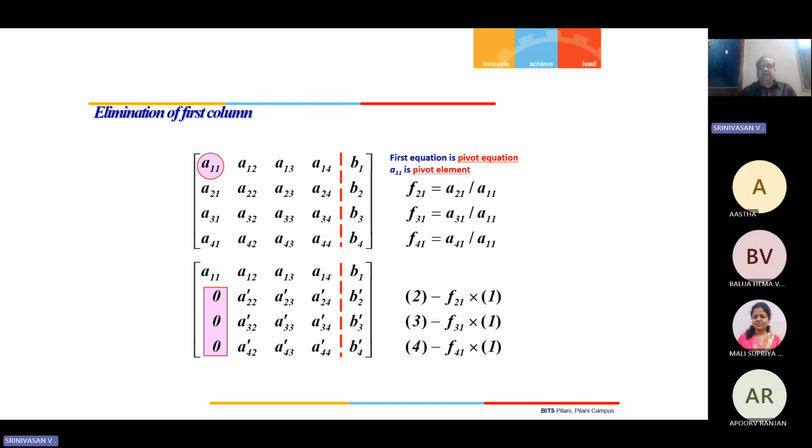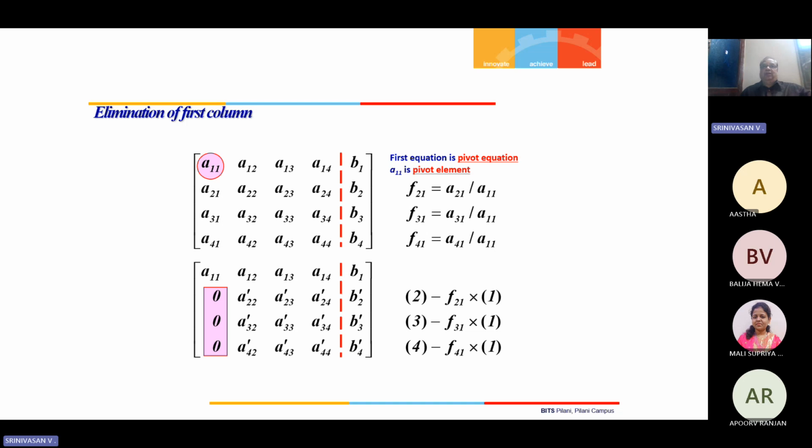Now, the first equation is the pivot equation. Look at A11. Of course, it is the pivot element, not the equation. This is your pivot element.